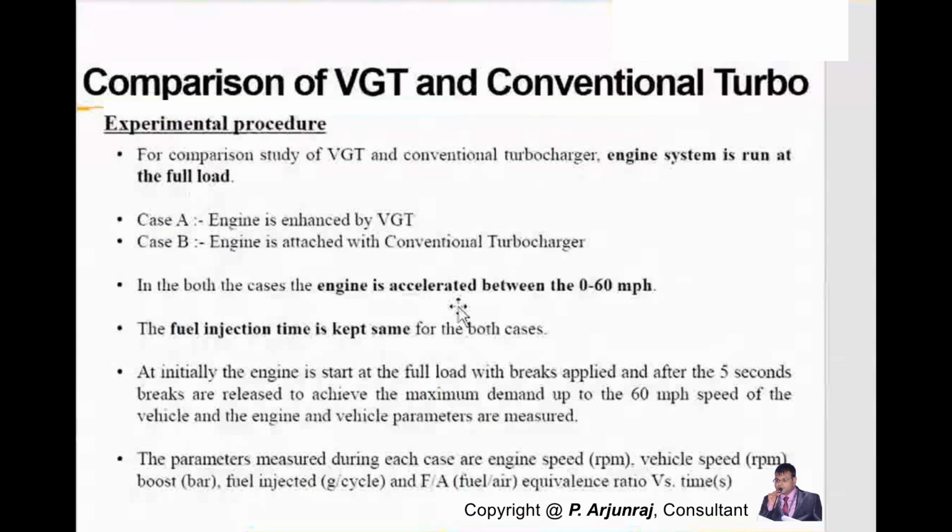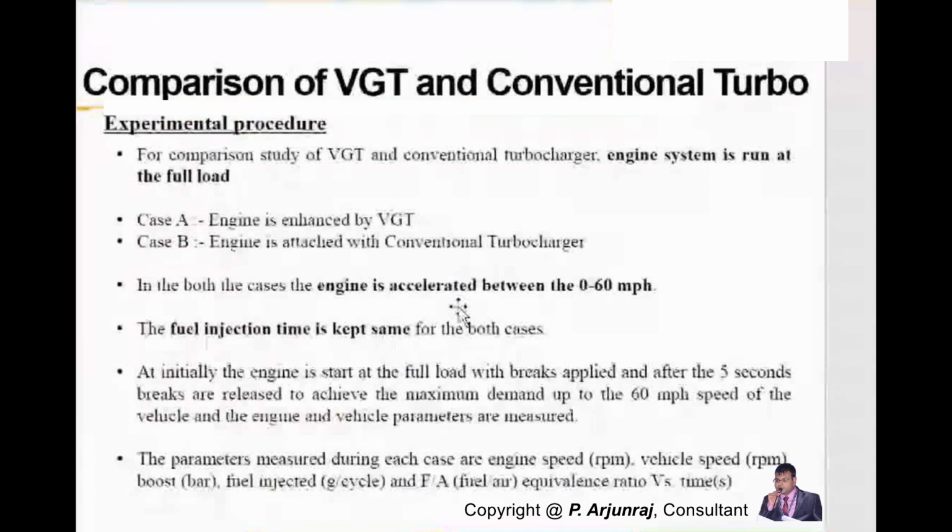Because when you test under different conditions, you cannot compare, and this is possible only with the help of simulation. But in a real condition, it becomes very difficult to give the same level of input for both VGT and the conventional turbo, because there is a possibility the alteration can happen with respect to many aspects.